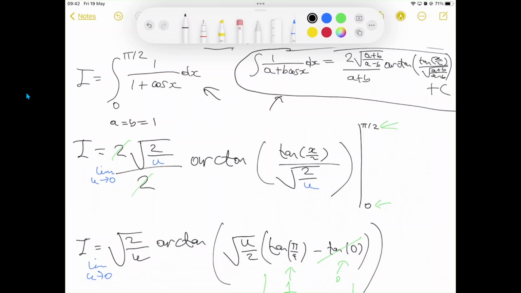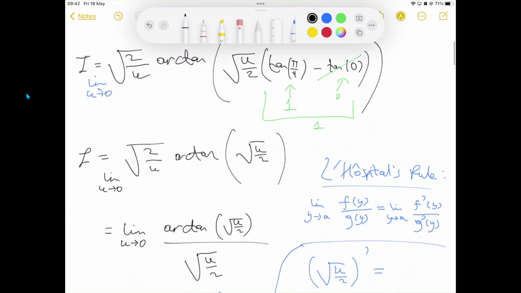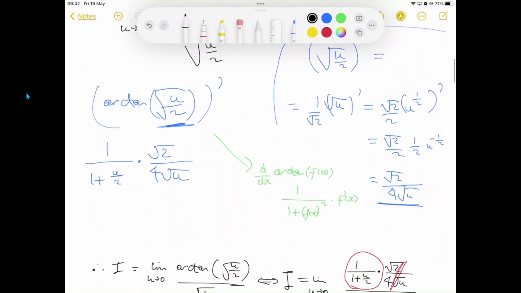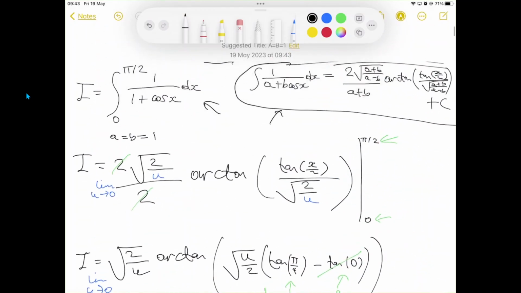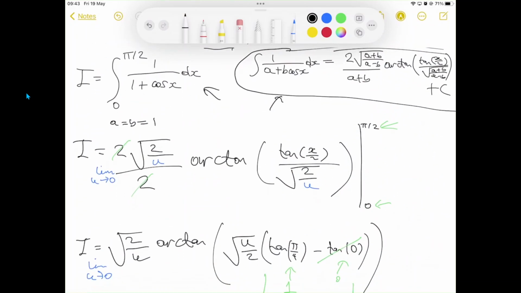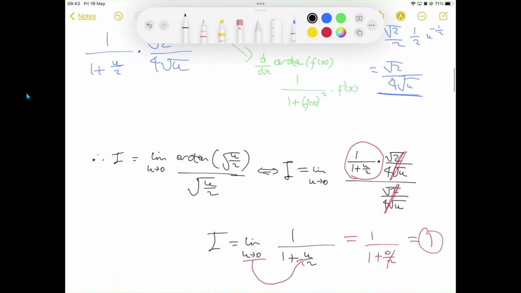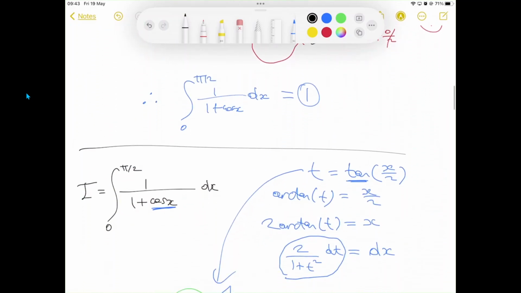And the solution to that is you use limits, and the limit ends up evaluating to 1. So therefore the integral of 1 over 1 plus cosine of x dx evaluated from 0 to pi over 2 is 1. So that was the first thing that I had. I had a problem and I ran into it and then I solved it, which is very good.